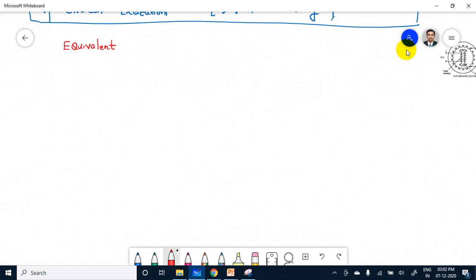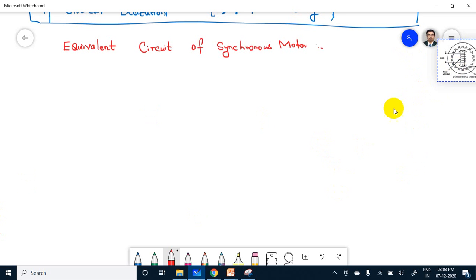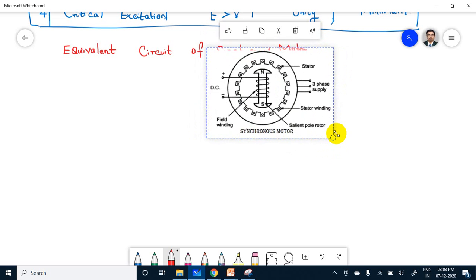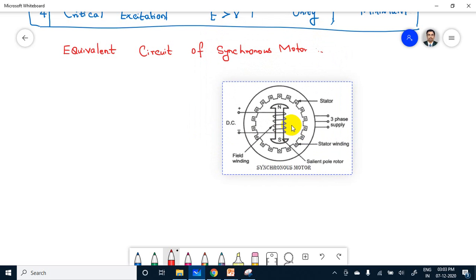So you are very familiar with the synchronous motor principle of operation. So this is the diagram of the synchronous motor structure.